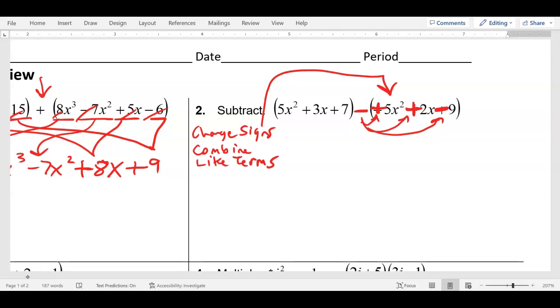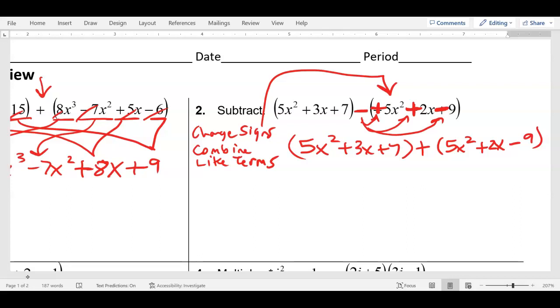Okay, so let's rewrite this. 5x squared plus 3x plus 7. Now it's going to add 5x squared plus 2x minus 9. Do you see how we changed the signs? Okay, negative became positive, negative became positive, positive became negative. If you don't do that first step, you're going to get this wrong for sure, okay?